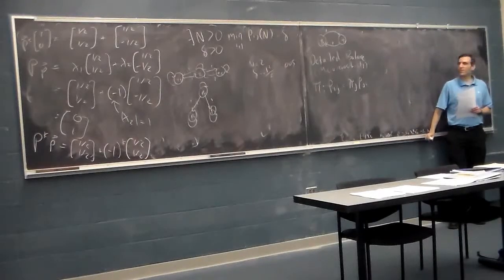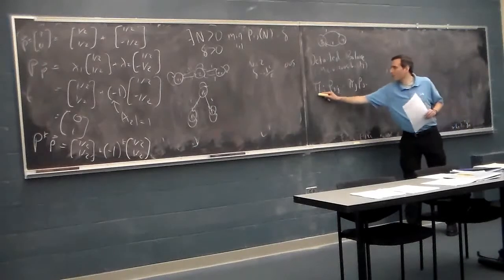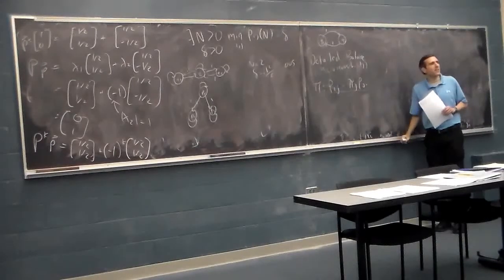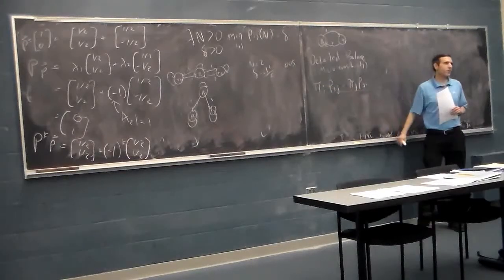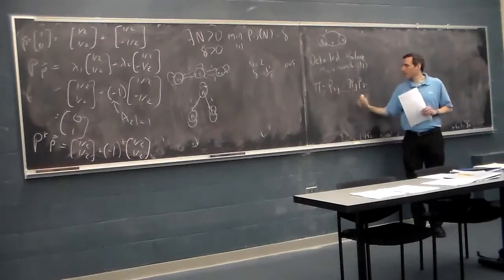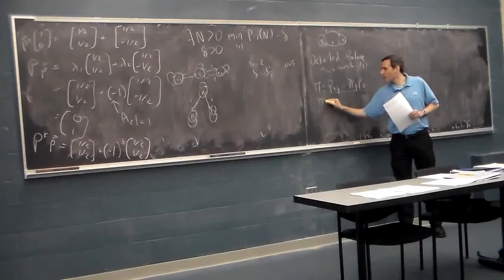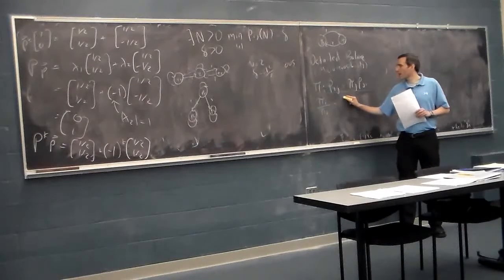Many interesting Markov models have this property, and when you have that, it gives you a way of establishing relative probabilities of different states. So basically, for any neighboring states i and j, we know the ratio of pi_j to pi_i.